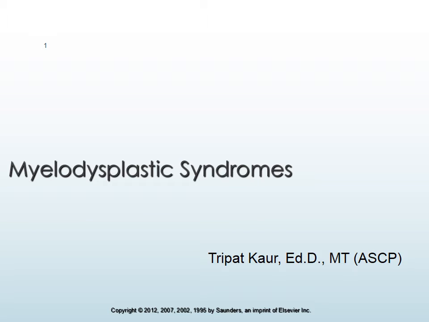Today we're going to start talking about myelodysplastic syndromes. Myelodysplastic syndromes, or MDS, are considered to be primary neoplastic pluripotent stem cell disorders. In this particular disorder, you have one or more peripheral blood cytopenias and prominent maturation abnormalities.